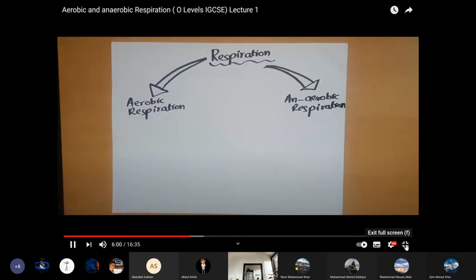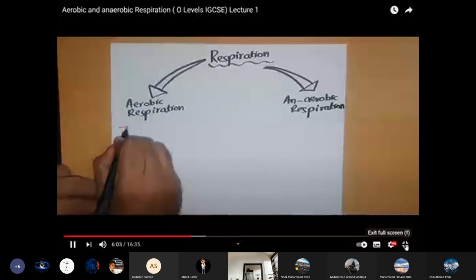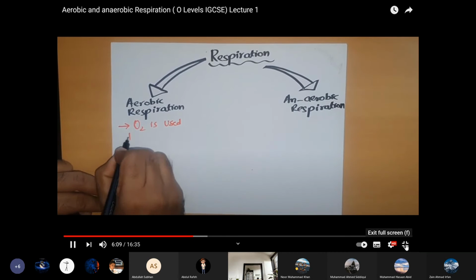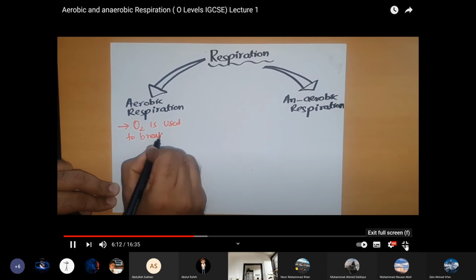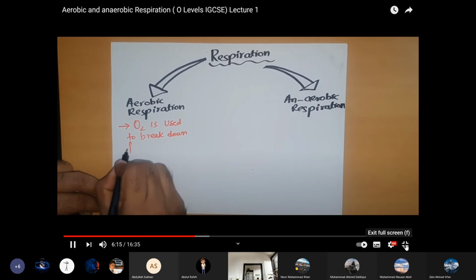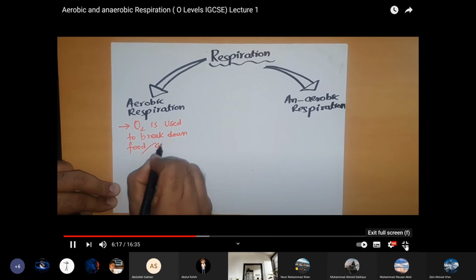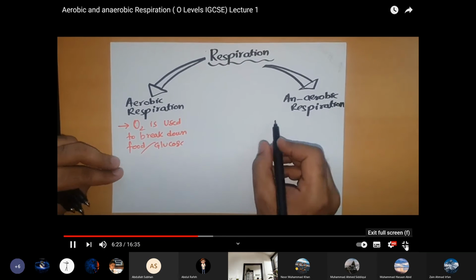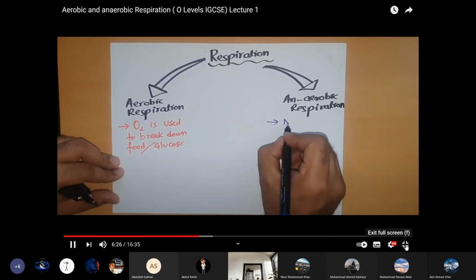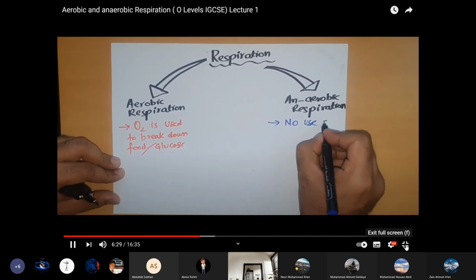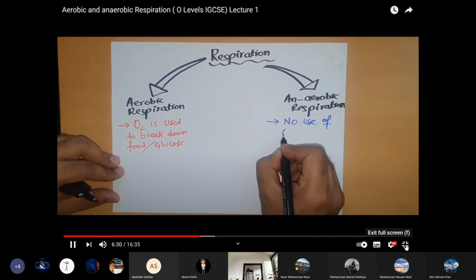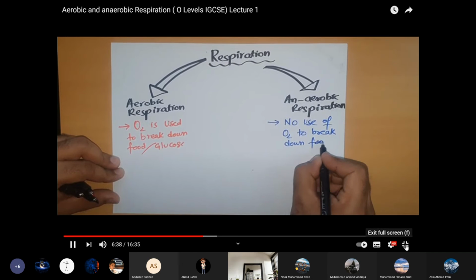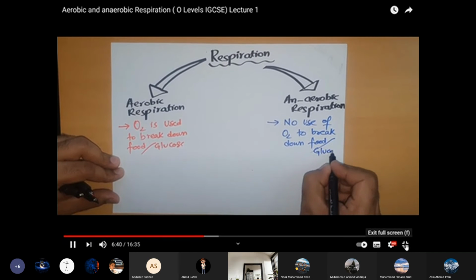During aerobic respiration, oxygen is used to break down food or glucose, while during anaerobic respiration, there is no use of oxygen to break down food or glucose.